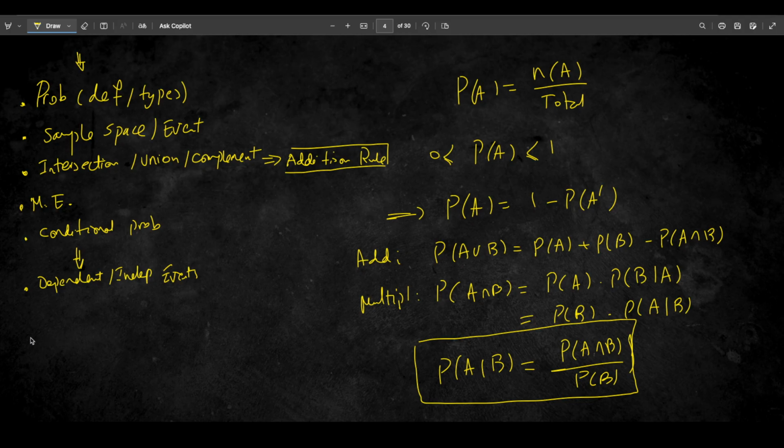Now, if two events are mutually exclusive, it means probability of A and B equals 0. And if two events are independent, it means probability of A and B equals probability of A times probability of B.